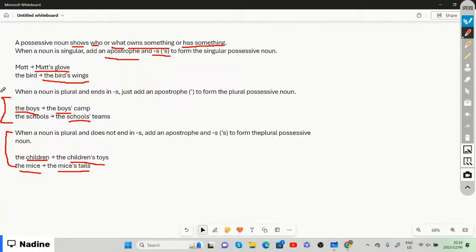Then we have plural possessives. If it ends in an s, then the only thing we do is add an apostrophe. So we only add an apostrophe to the end of that specific word in order to show possession. And then we also have the plural possession.